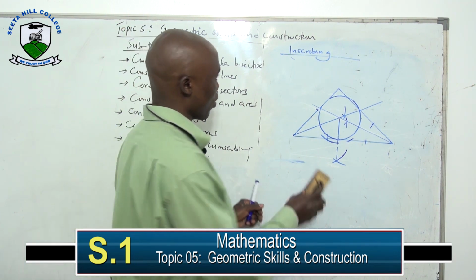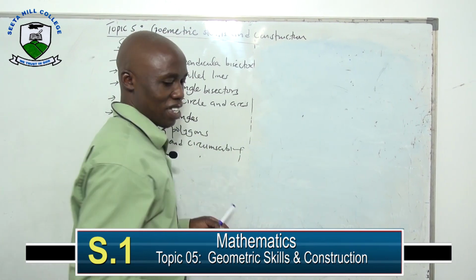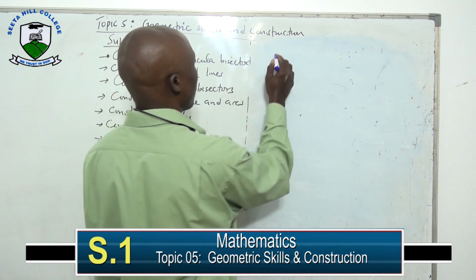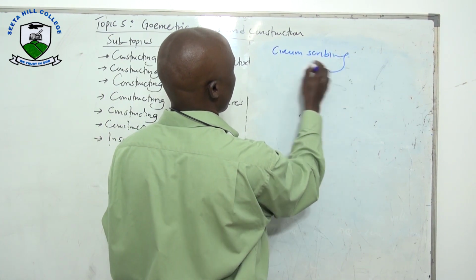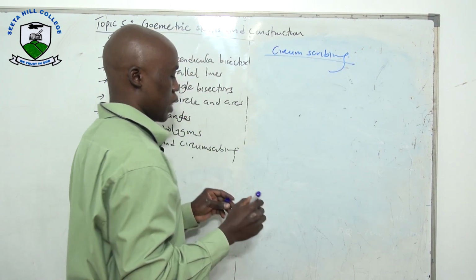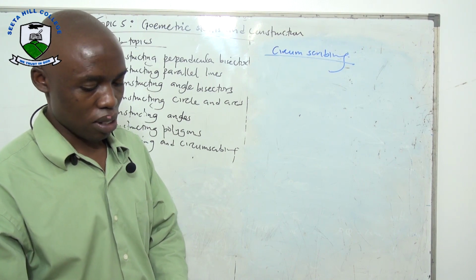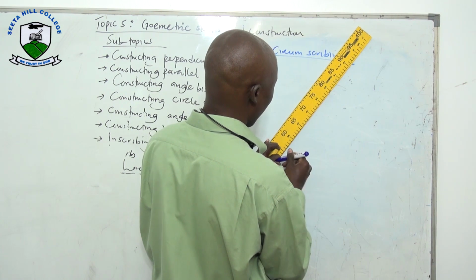Now let me go to circumscribing. After circumscribing we can discuss some other skill. Circumscribing is to put a circle where? Outside. Let me do that. How do we attach?